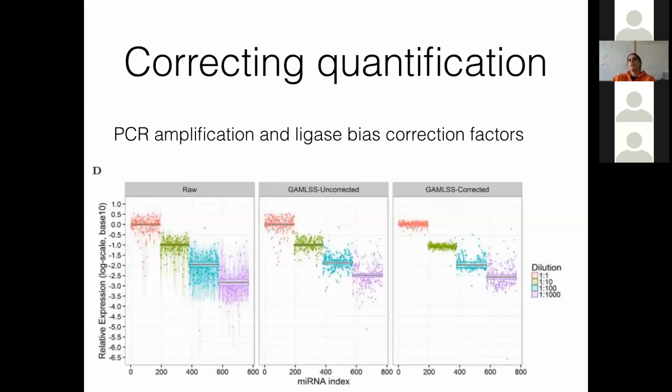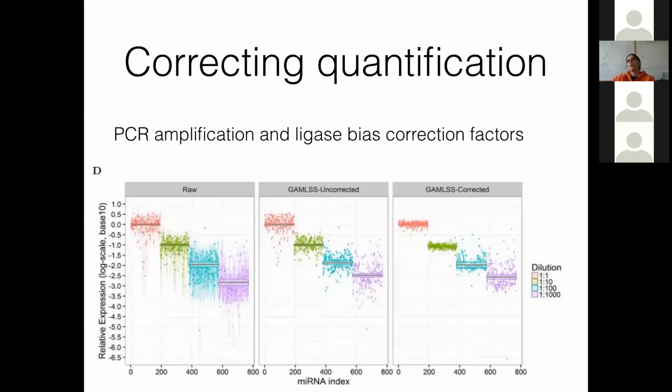One thing is a figure where they have the same sample and they dilute the sample and sequence, just to show that you have different noises at different concentrations of the microRNA. And then they use the correction as we all do for RNA-seq, like the deep sequencing correction, but still you have noise.